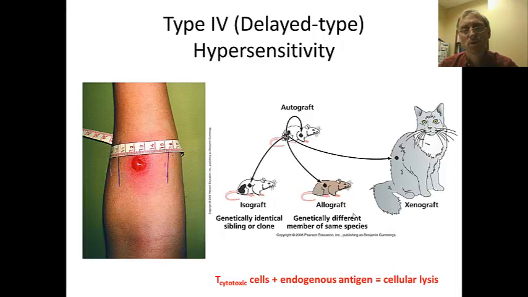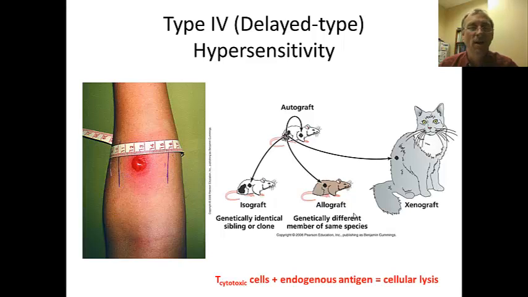Cytotoxic T cells, which recognize that antigen, will then slowly migrate under the skin through the tissues until they reach the site where the antigens are and begin to destroy the antigen-covered cells. These type 4 hypersensitivities are extremely slow in comparison to the first 3 hypersensitivities. This is because the antigen binding to T cytotoxic cells occurs much more slowly than the binding of antibody and antigen that we had in the first 3.